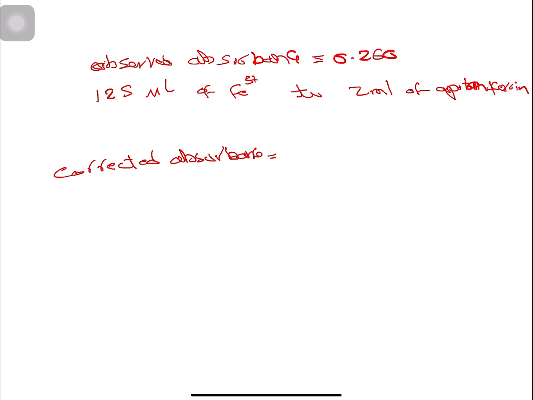To calculate the corrected absorbance, now you need to add 125 microliters to the 2 milliliters. 125 microliters equals 0.125 milliliter. That means the new volume now is 2.125 mL, divided by the original volume, which is 2 mL, and we multiply that by the observed absorbance, which is 0.260.